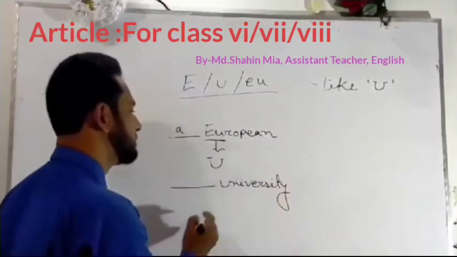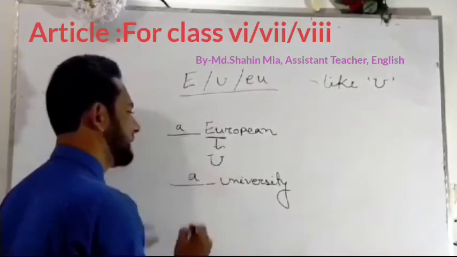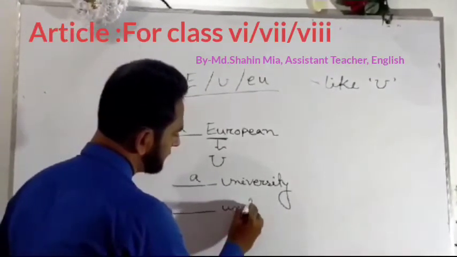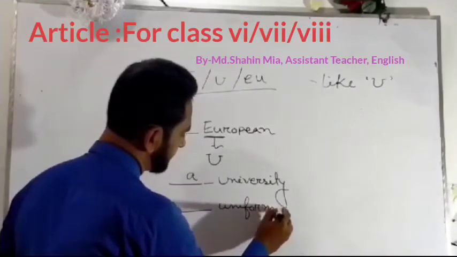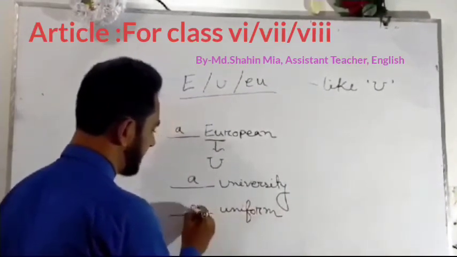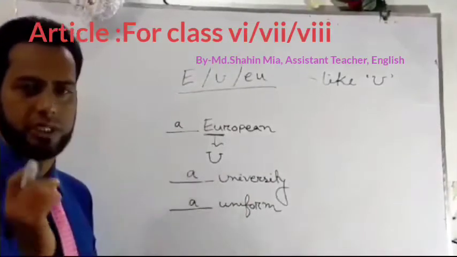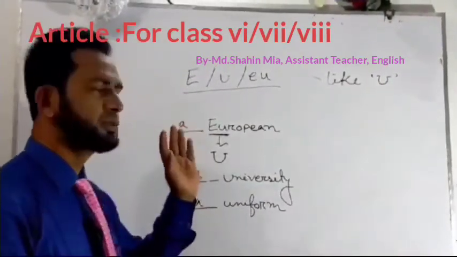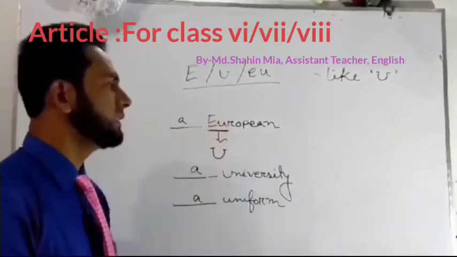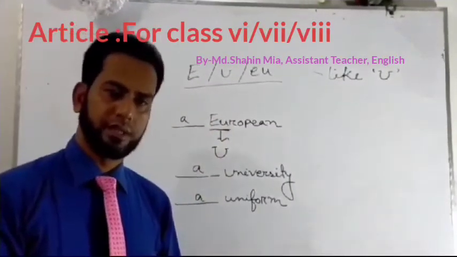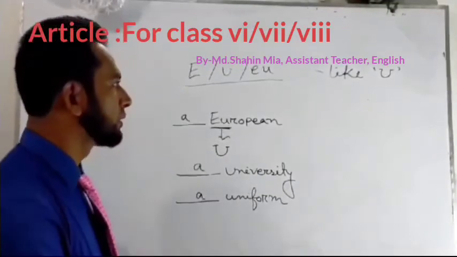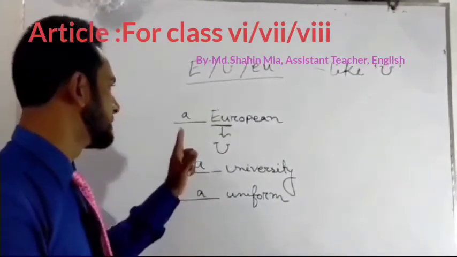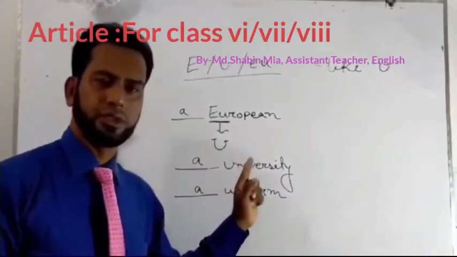Here we must use a university. A uniform. So, dear learners, it is clear to us that if we find these letters E, U or EU and they are pronounced like U sound, then we must use a before the word.